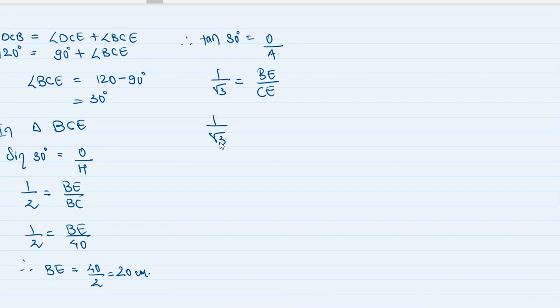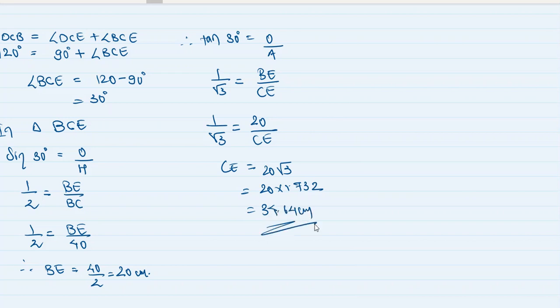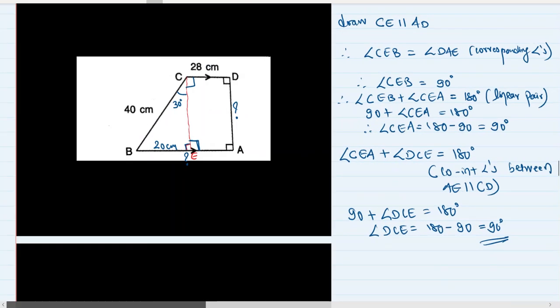So 1 by root 3 is equal to BE, which is 20, upon CE, which is not known. CE will become 20 root 3, which is 20 times 1.732, which is 34.64 centimeters. This is CE.